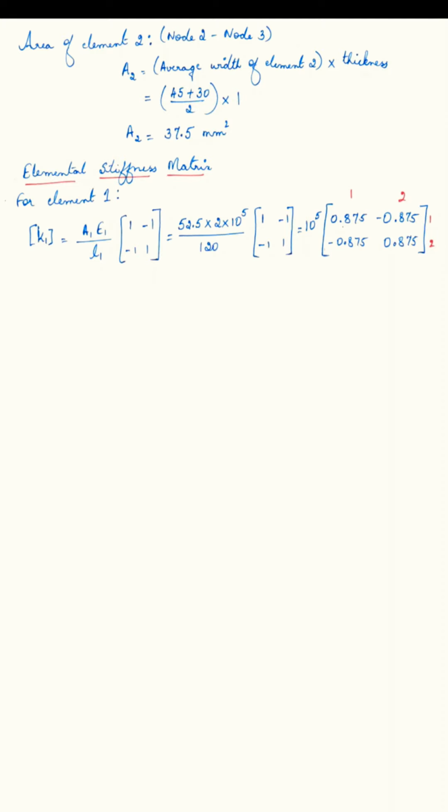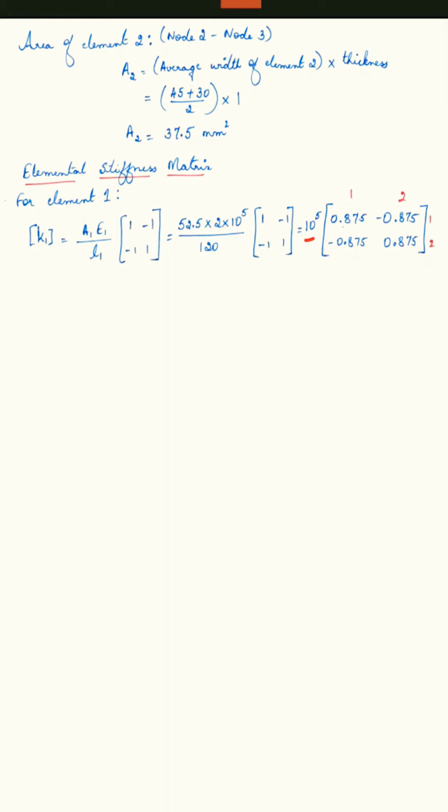This will give you the numerical value in terms of 10 to the power of 6 or sometimes even 5. But to make matters simple, so that the global stiffness matrix can be easily obtained by adding the elemental stiffness matrices, I'll try to keep 10 power 5 as a common term.